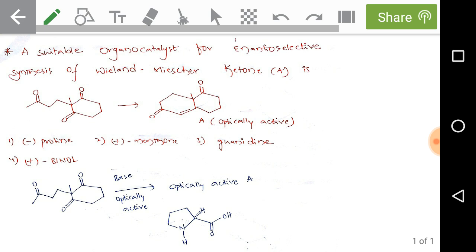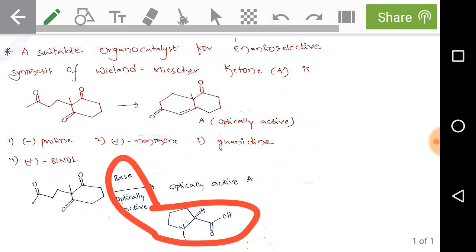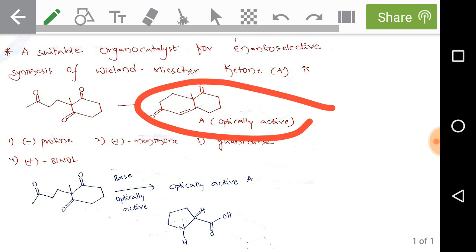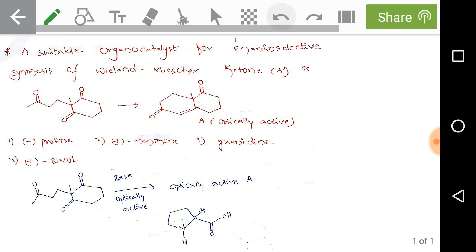So here is the involvement of Robinson annulation, and the base must be optically active to give the optically active product. For this, L-proline is the best one to use here to produce optically active Wieland-Miescher ketone A. So option 1 will be the correct answer for it.